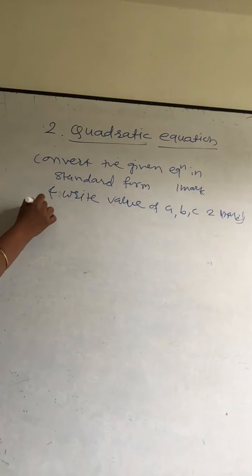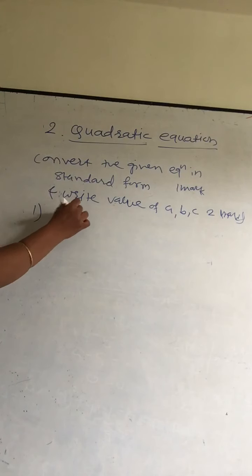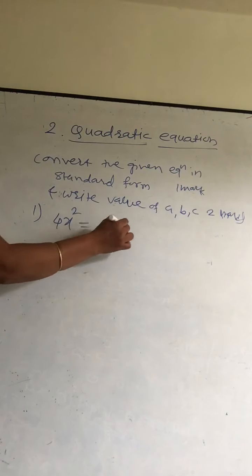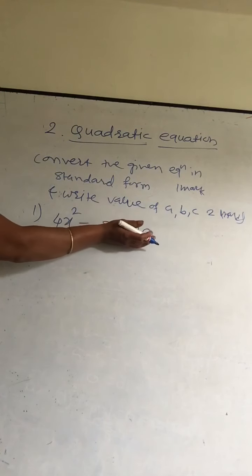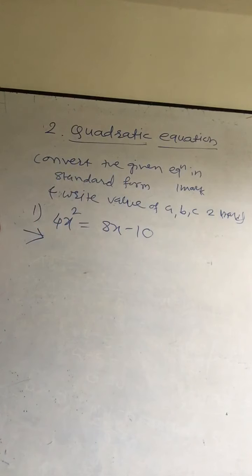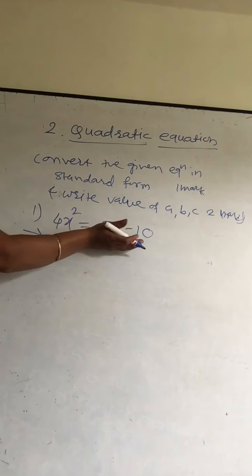Now suppose example 4x square is equal to 8x minus 10. This is the given equation. Now we have to convert this in standard form. So for this standard form conversion, we have to take all terms to the left side and right side is always 0.